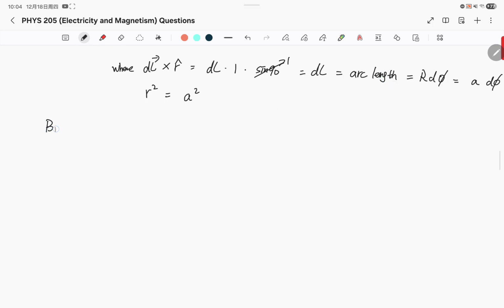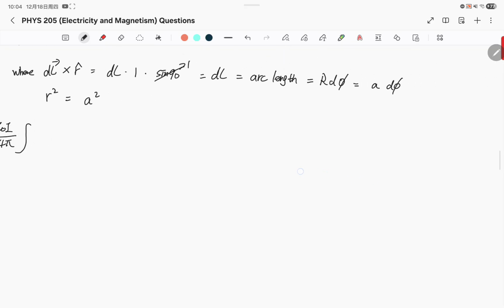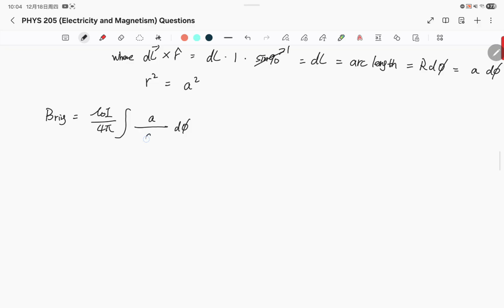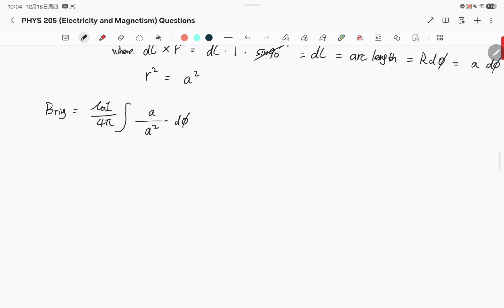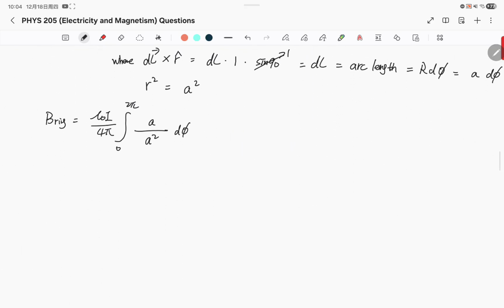So B ring is equal to mu naught I over 4 pi times the integral of dl cross r hat, which got simplified into A d phi, and r squared is A squared. The bounds of the integral are from 0 to 2 pi because we have a full circle. A full circle is 0 to 2 pi.